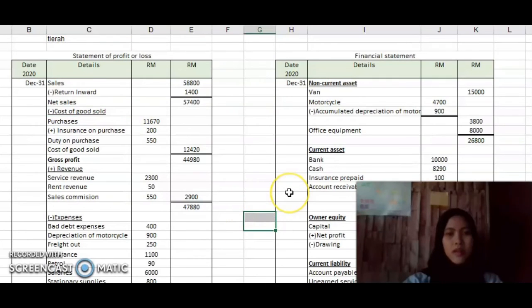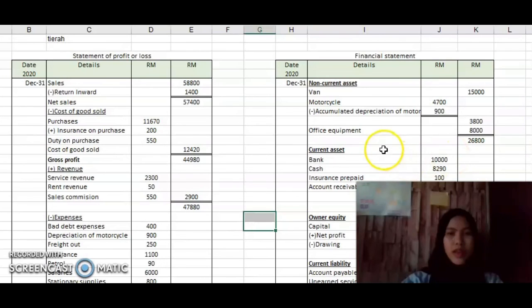Financial statement consists of 4 elements, which are non-current assets, current assets, owner equity, and current liability. Non-current assets consist of van, motorcycle, and office equipment. Van 15,000 plus 4,700 minus 900 and plus office equipment, which is 8,000, and we got 26,800.